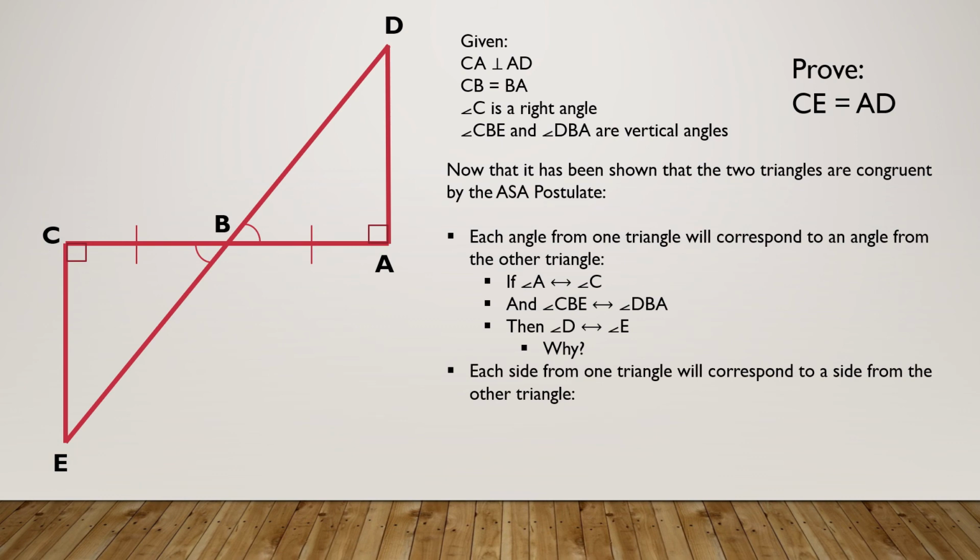So we can also look at the sides from the triangles, and we can see that those sides correspond as well. So if CB equals BA, and all of those angles that we mentioned before are congruent, then we can say that all the sides are congruent. So BE is going to equal BD, and finally CE is going to equal AD.